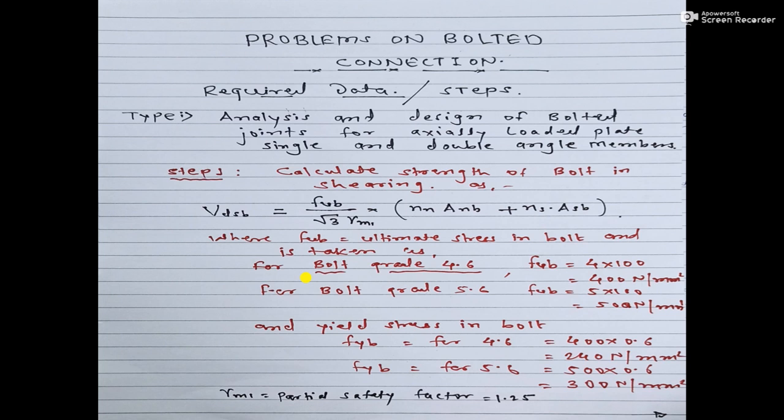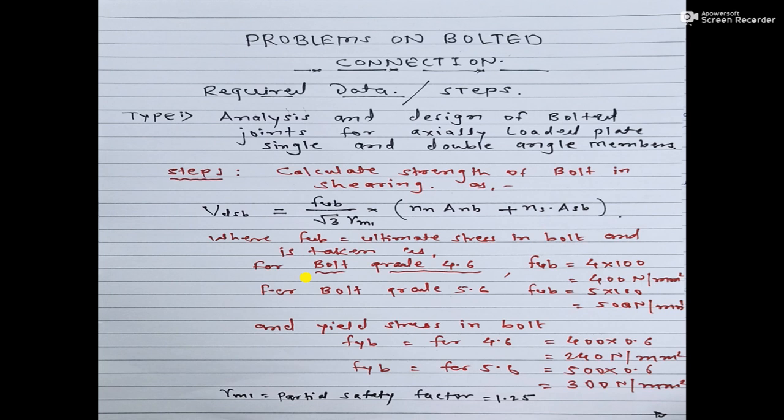See here, we know that in strength of materials or mechanics of structures there is one formula, M upon I is equal to F upon Y is equal to E by R. Here F is the stress. Similarly here F is again a stress, U for ultimate, B for bolt. That is, the ultimate stress in bolt is taken from the bolt grade.